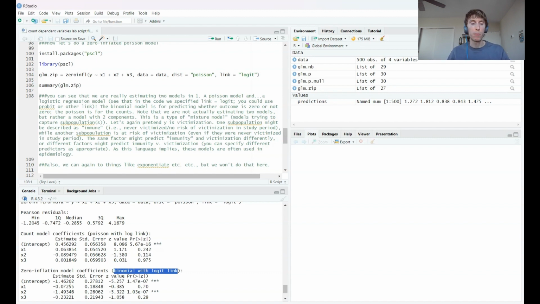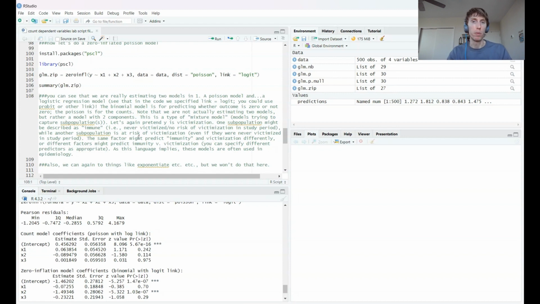So make sure you keep that in mind, because that can be a little tricky. And that's why it's not uncommon to see rotating signs potentially among your independent variables, right? Something might increase immunity, or make someone basically have no risk, right? Be immune, but then have a potentially opposite effect on something like the risk of victimization. Now, with these models, I just use the same 3 independent variables.